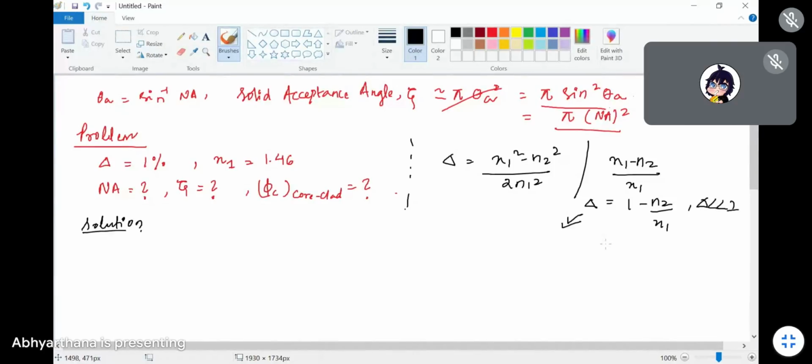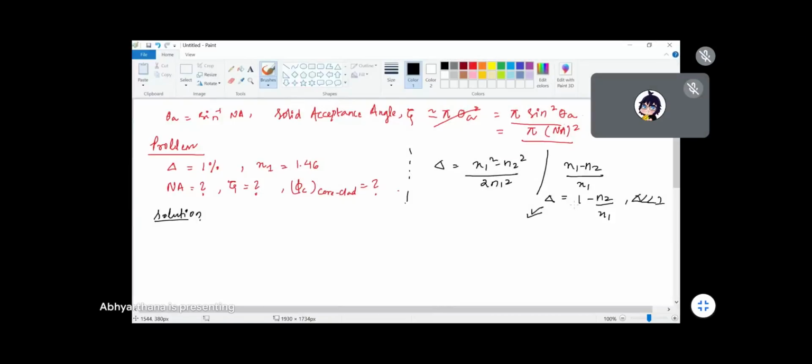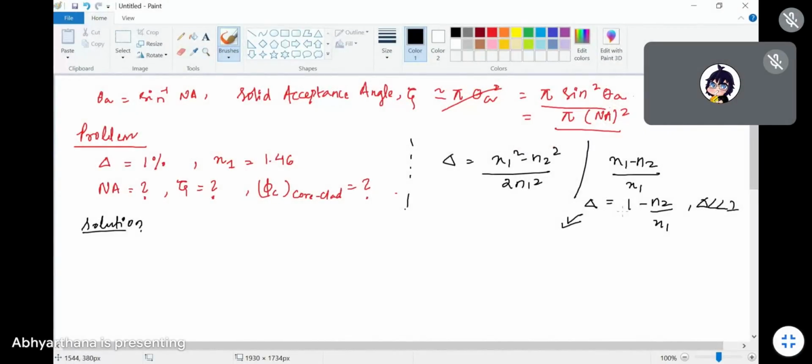Okay, solve it. There is no need to take a break or anything. You can find out the numerical aperture from your expression number 10, if I had marked it as 10.